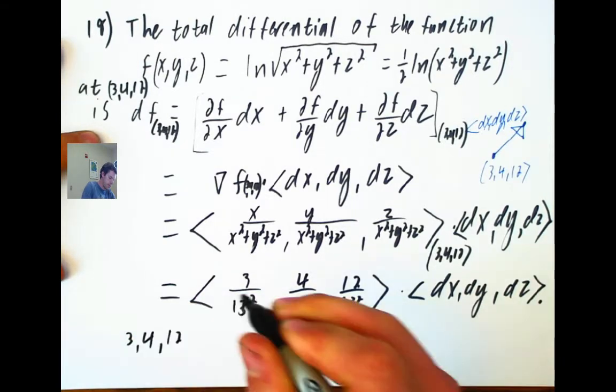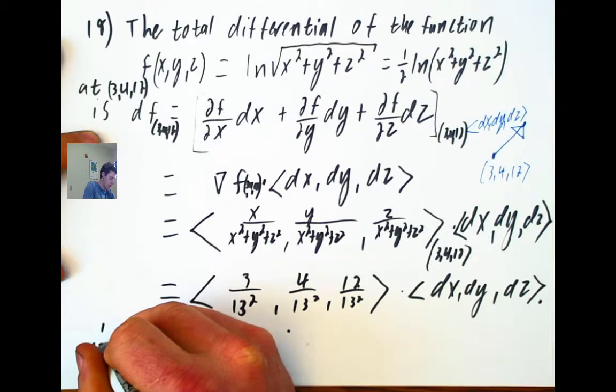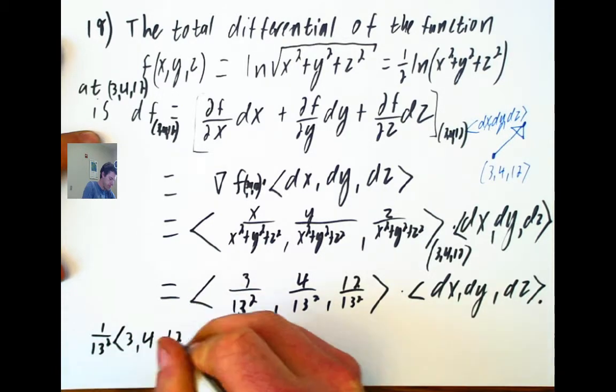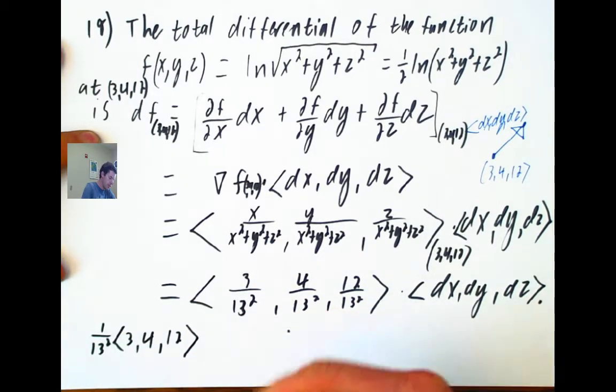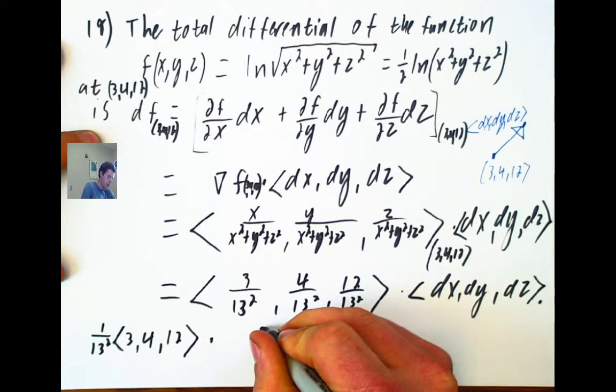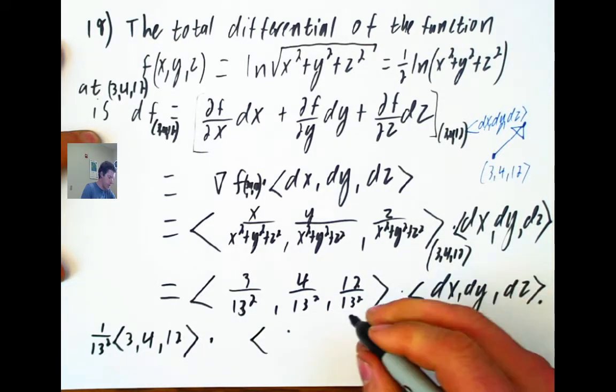Let me take that 1 over 13 squared, put it on the outside, and I am going to dot with the vector 3, 6, negative 2.